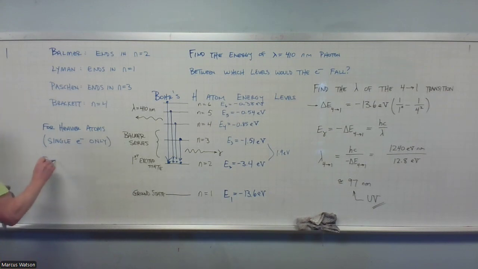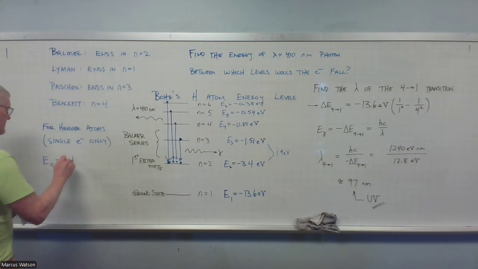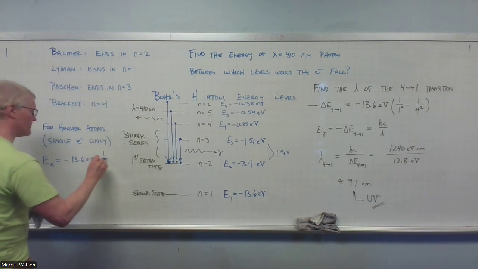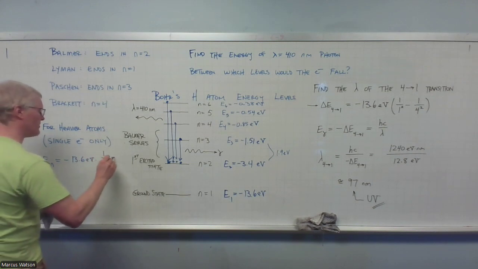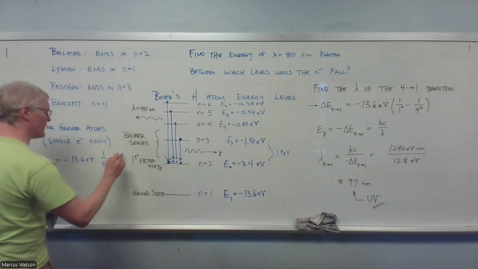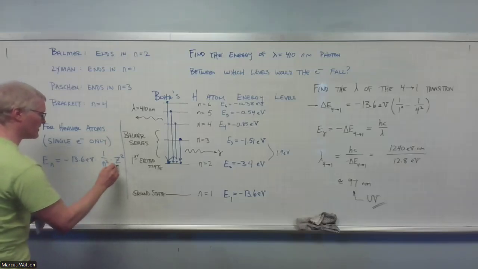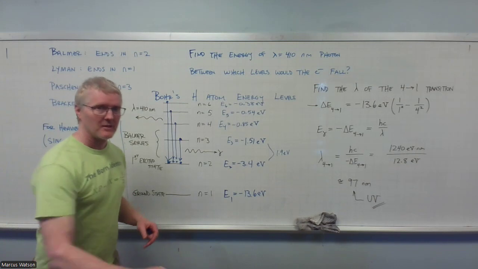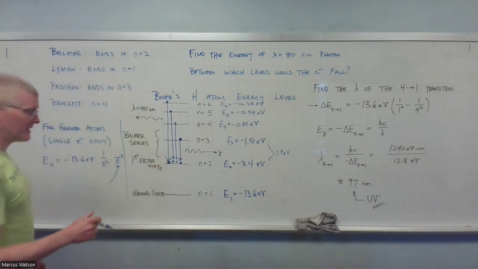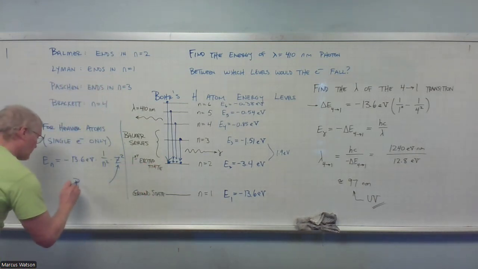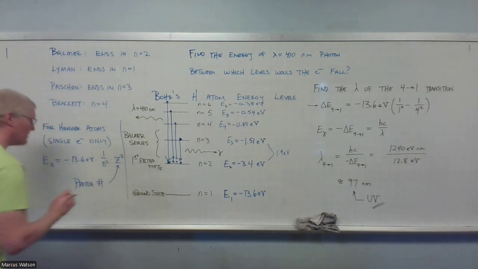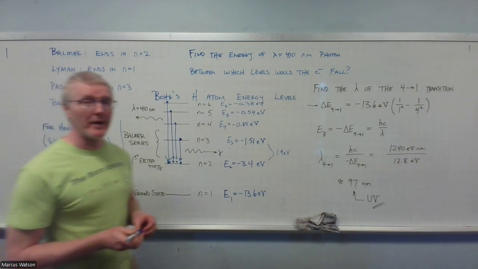You can fix up the Bohr energies of the levels to be minus 13.6 eV times 1 over n squared multiplied by Z squared, where Z is the number of protons that characterize the element. That's the proton number, and it's squared.